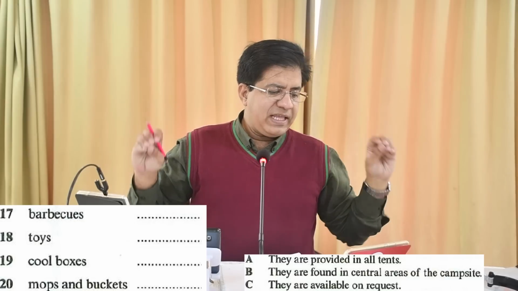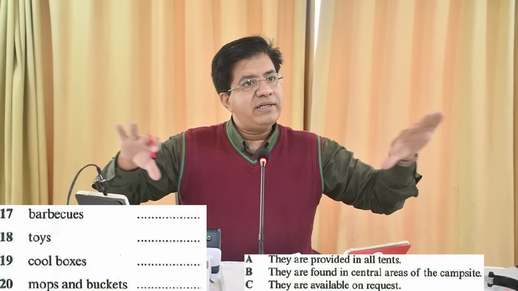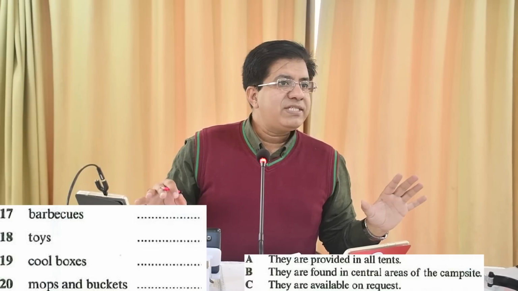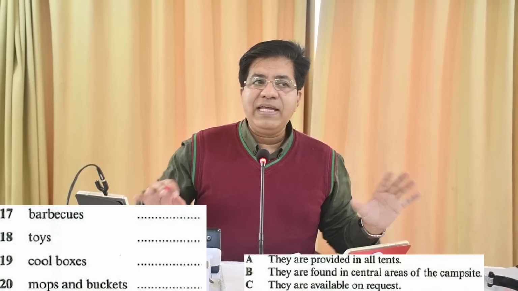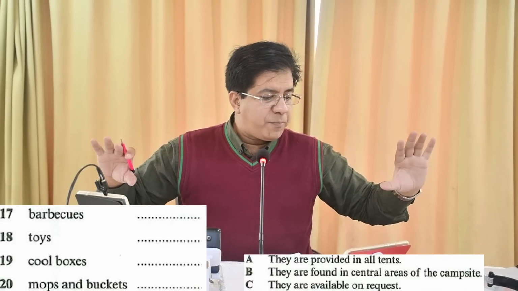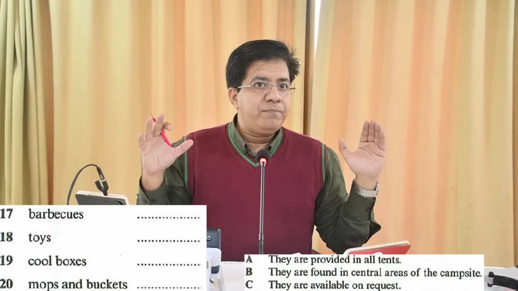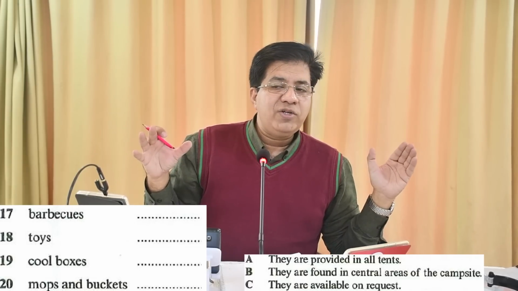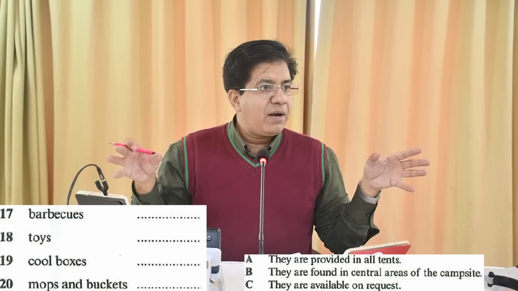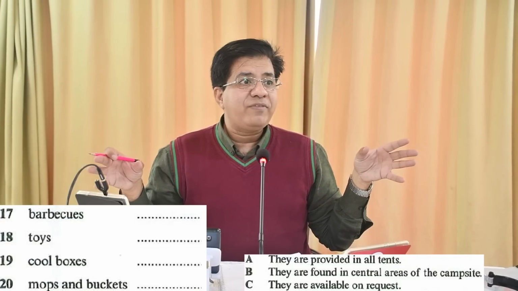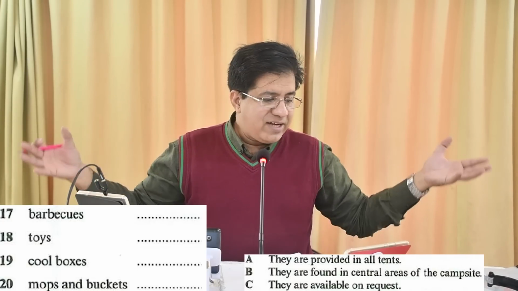Now, there are three things. Either provided in all the tents. For example, barbecue. If they say barbecue is available in every tent, that is option A. If they say that due to the fire hazard, we have barbecues, but they are in the middle of the campsite, what is that? Central area.